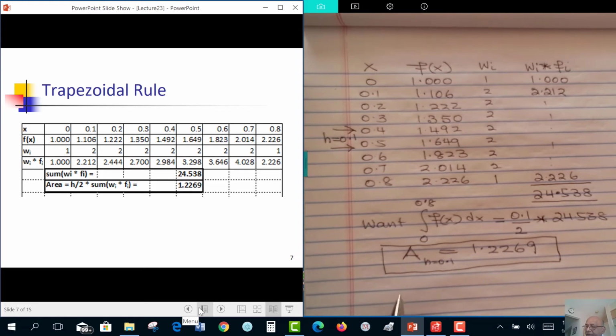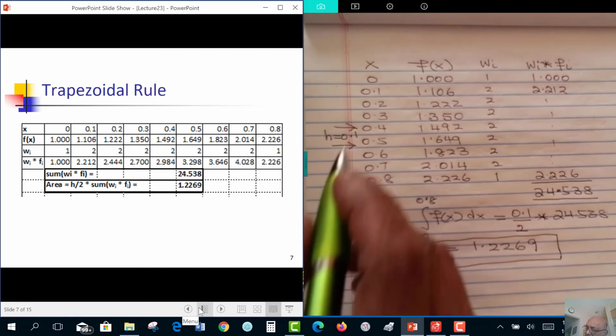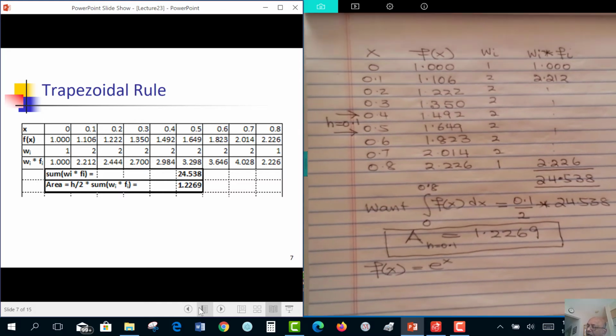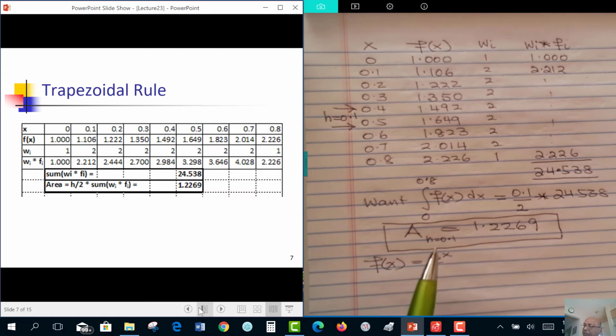So it turns out that the function we had was e to the power x. So all I did was write e to the x, rounded to the third decimal digit.